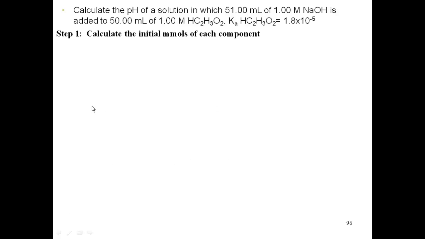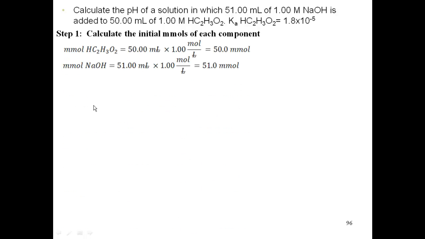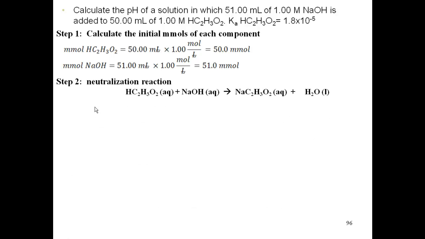So first step would be millimoles of each component. 50 times 1 is 50 millimoles of acetic acid. 51 times 1 is 51 millimoles of sodium hydroxide. Next step is your neutralization, which gets me acetic acid plus sodium hydroxide gives me sodium acetate.